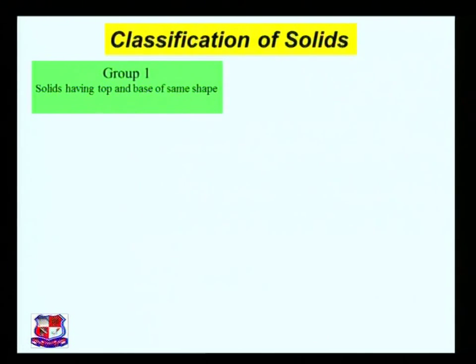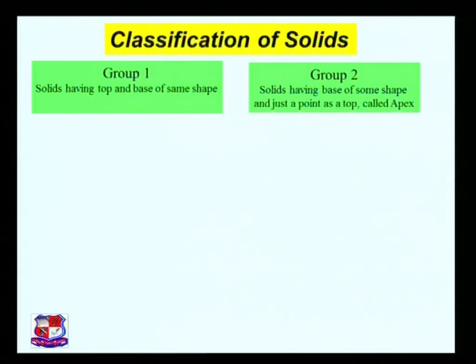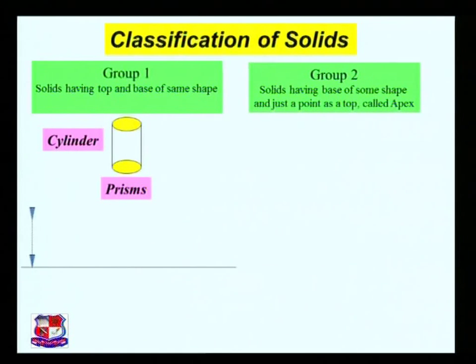Group 1, solids having top and base of the same shape. Group 2, the solids having a base of some shape and just a point at the top, which is called the apex point.